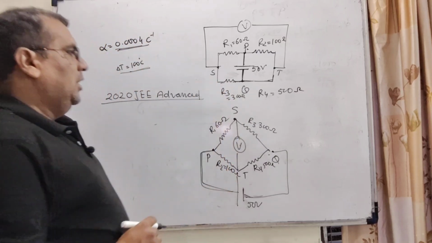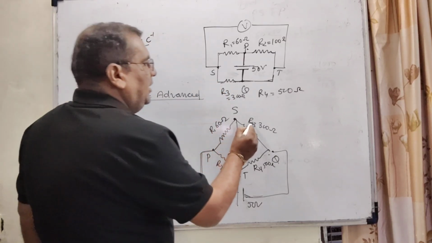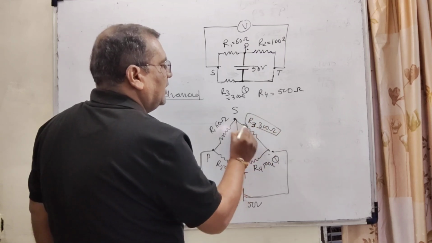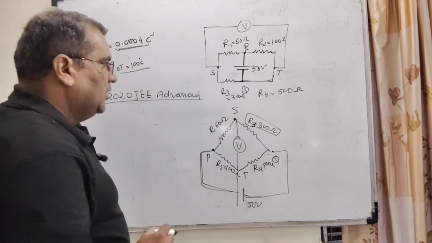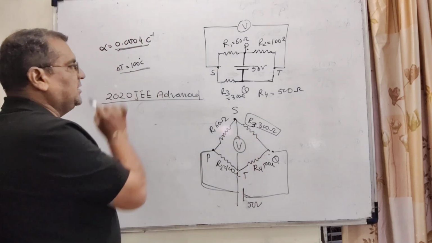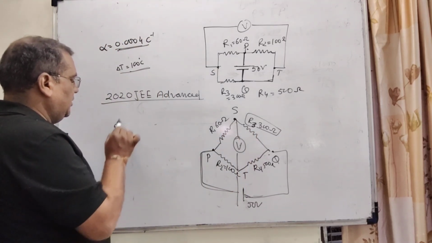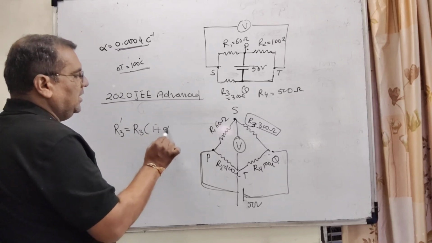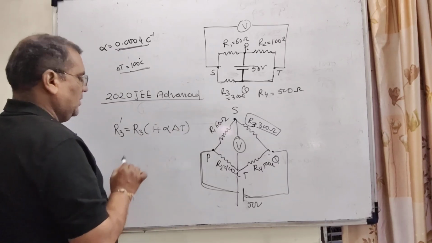Let us write down: R3 at the initial temperature is given as 300. When the temperature rises by 100 degrees Celsius, the new resistance R3 dash is R3 times (1 plus alpha delta T).